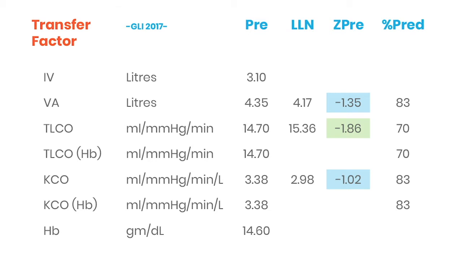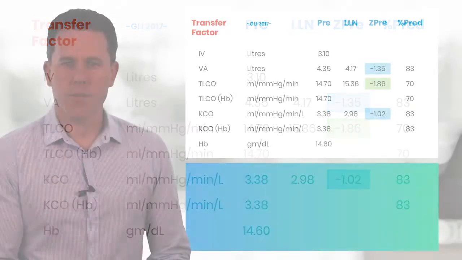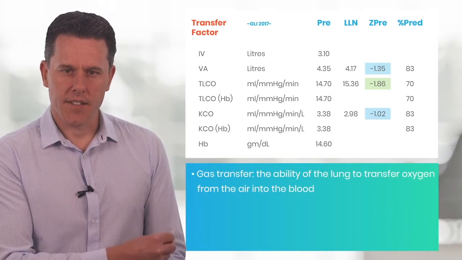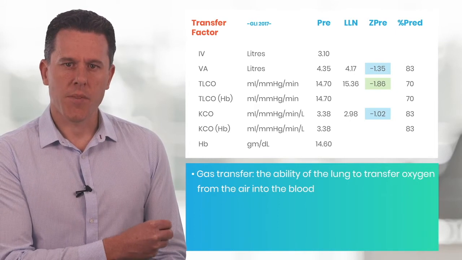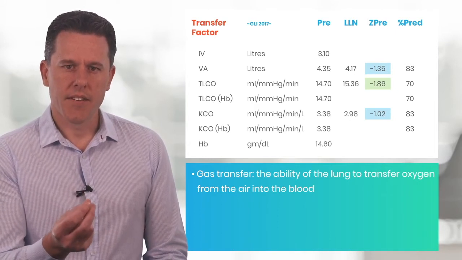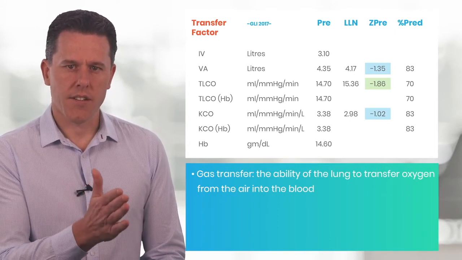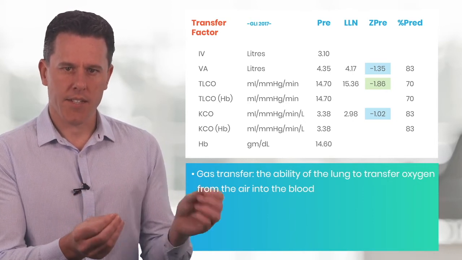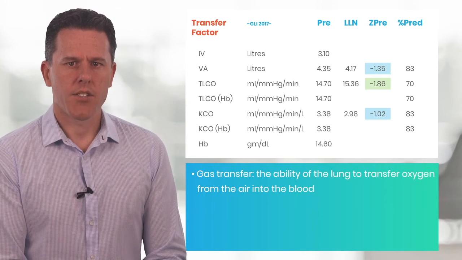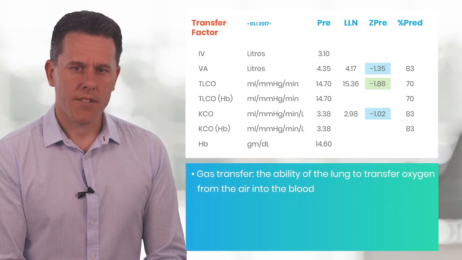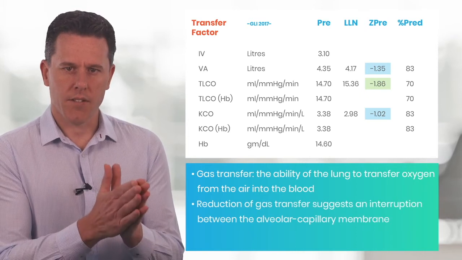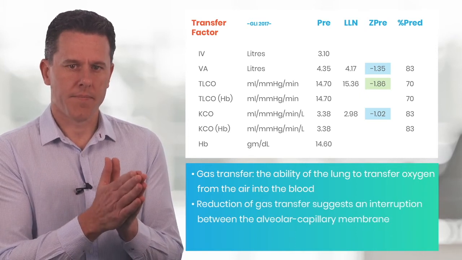The gas transfer essentially tells us about the ability for the lung to get oxygen from the air into the blood. So it's measuring the ability for oxygen to get across the alveolar capillary membrane from the alveolar air space into the blood. So if the gas transfer is reduced, that means there must be something interrupting that alveolar capillary membrane.